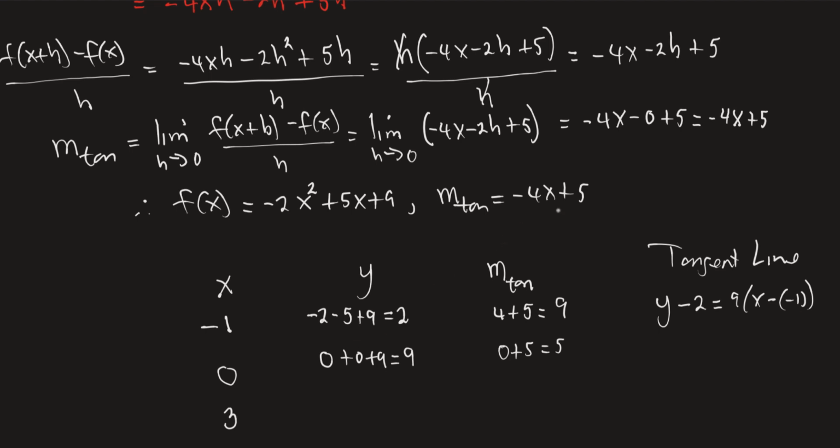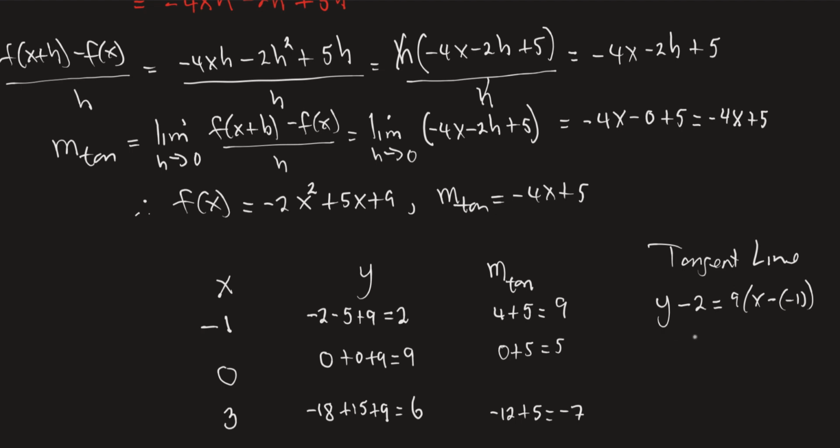So if we plug 3 in, let's do it in the function to figure out the y value. It will be 9 times -2, so that's -18, and then plus 15, and then plus 9, so that's 6. So when x is equal to 3, y is equal to 6, and the slope of the tangent line at that point is -12 plus 5, and now we get a negative slope, right?